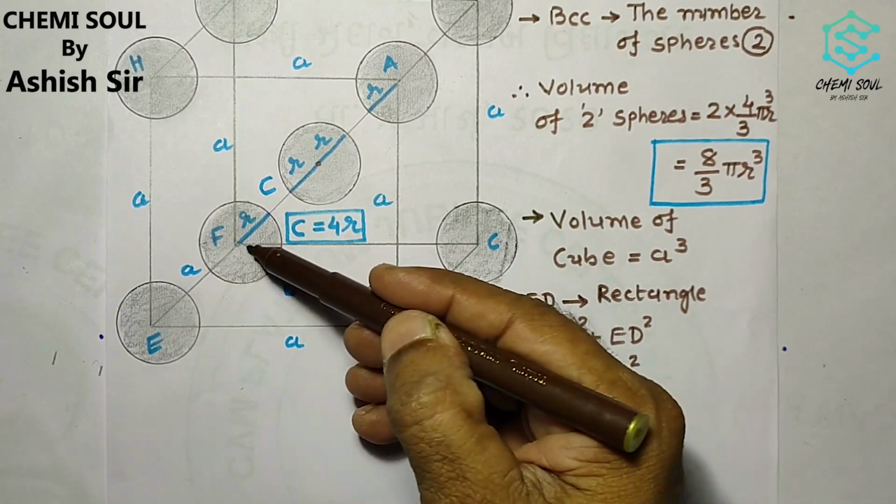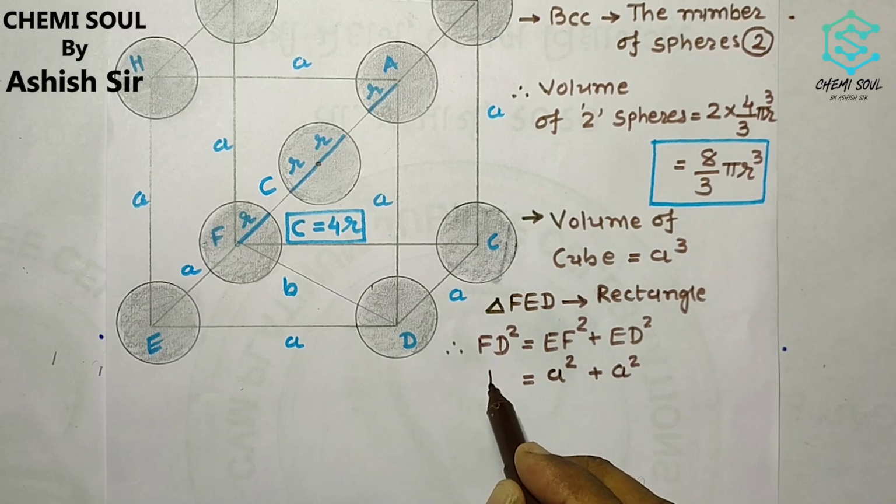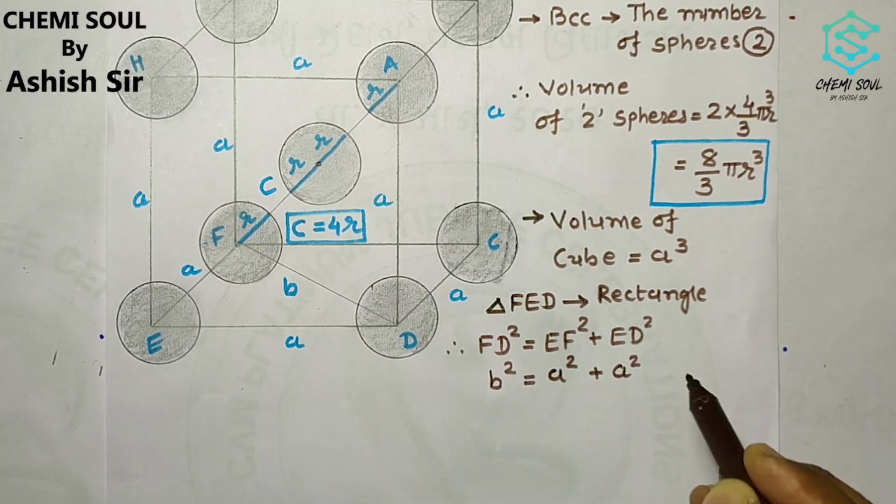But FD is b, so FD square is equal to b square.